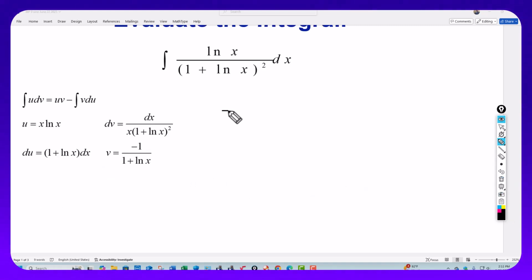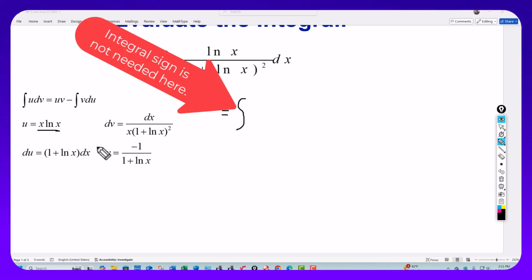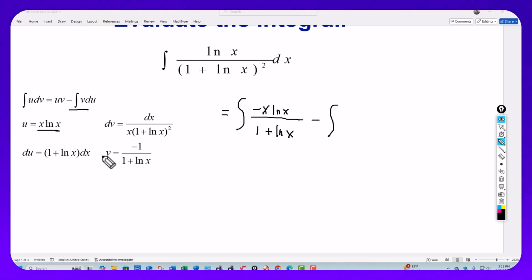So this is equal to, in the formula, u times v. So there's u and there's v. Multiply those out. That's going to be x ln of x over this denominator of 1 plus ln of x. And then it's minus v du. V is right here, and du is right here.